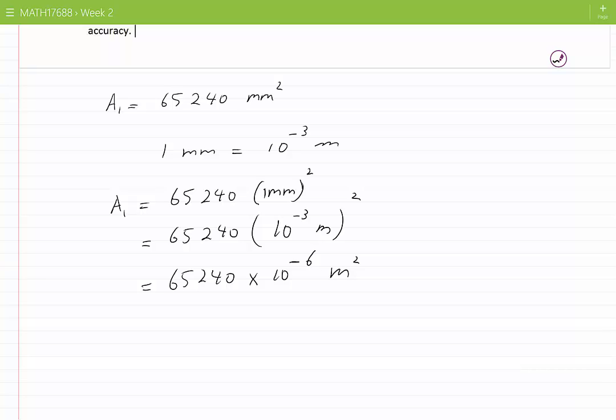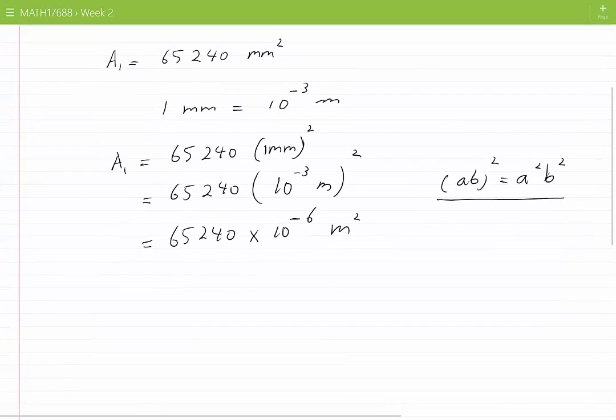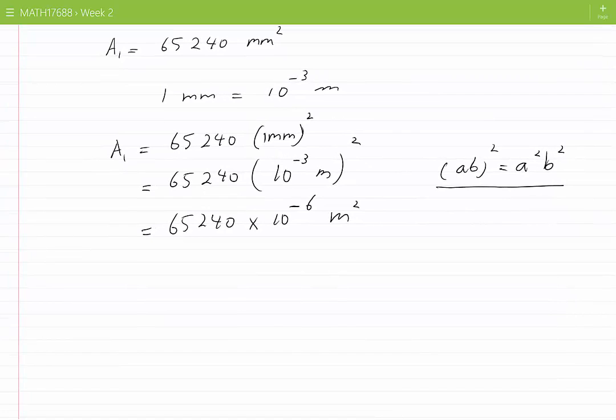I have used this property that A times B squared is A squared B squared for any A and B. And this number can be simplified to 0.06524 square meters. This is the value that we have for the first area.